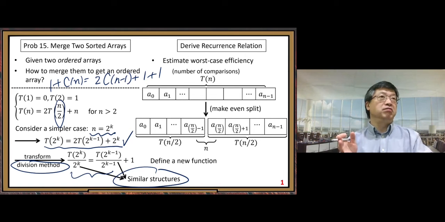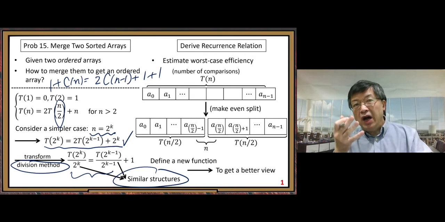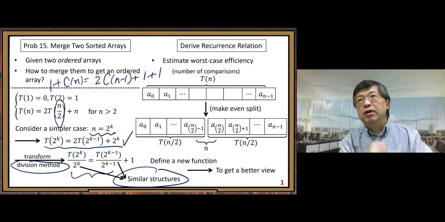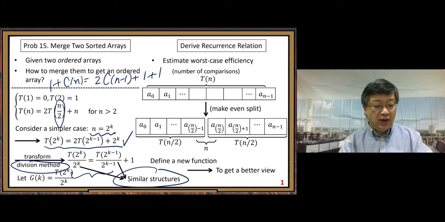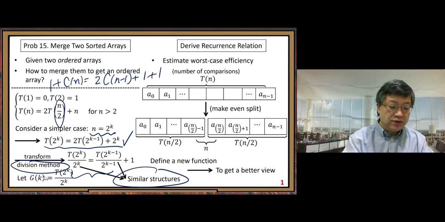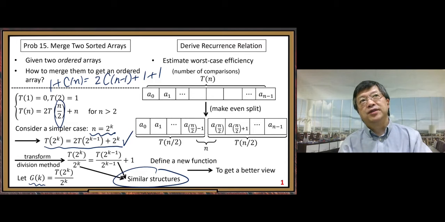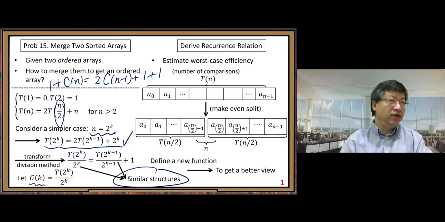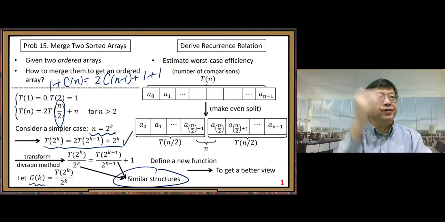After that, in order to get a better view of the equation, we define a new function. This new function simplifies the old function to give us a better view. The new function is this fraction: we use a new function g of k, equal to T of 2 to the kth over 2 to the kth.